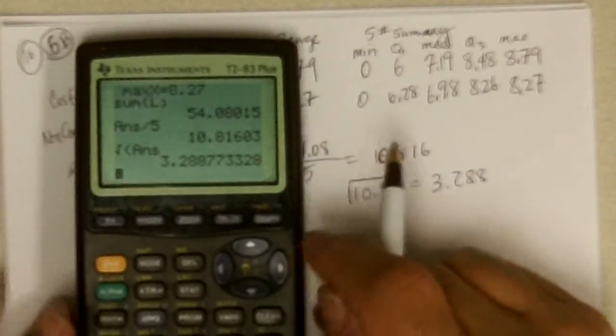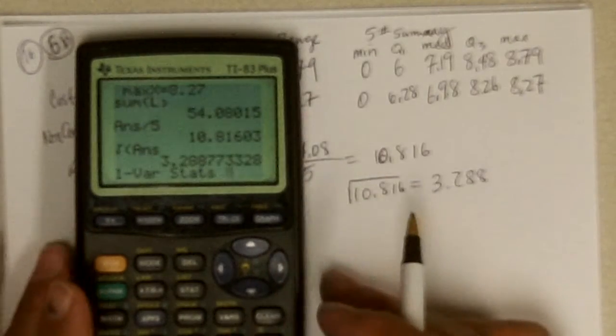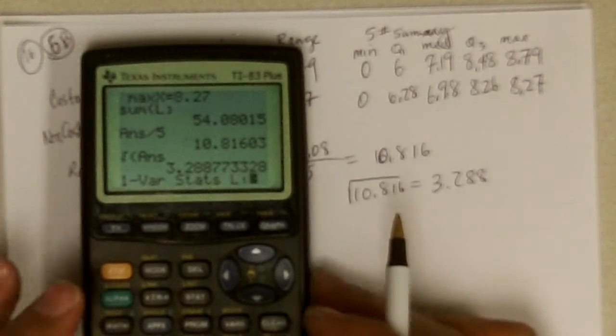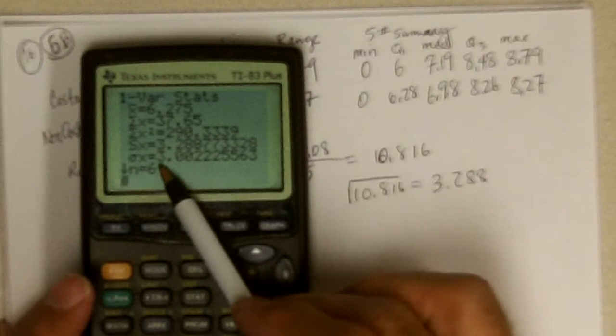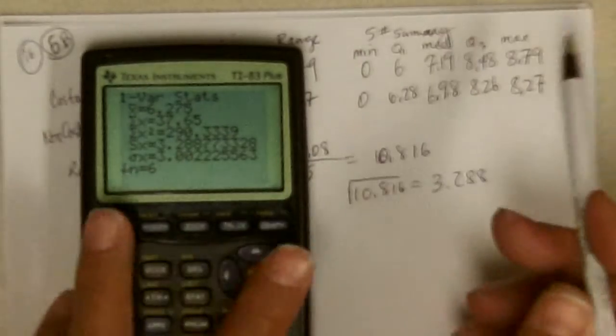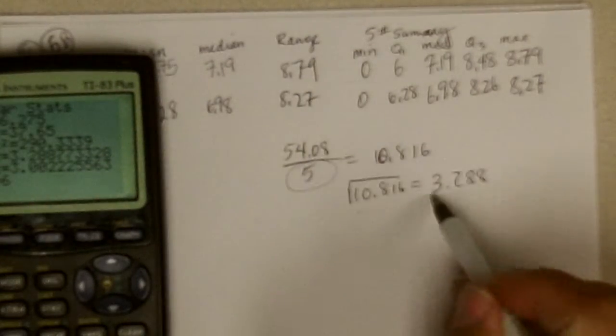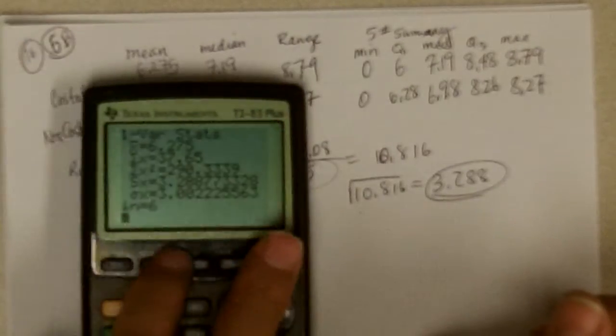But I didn't have to do all that. Stat, calculate one variable statistics on list 1, and it says the standard deviation for the sample is 3.288. That's what our formula, where we divide by n minus 1, gives us. So that's the standard deviation.